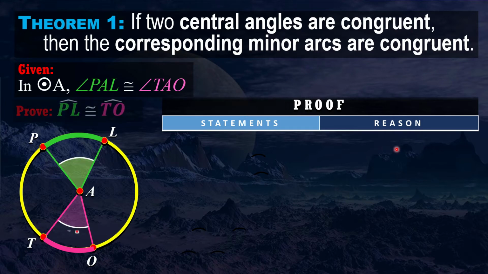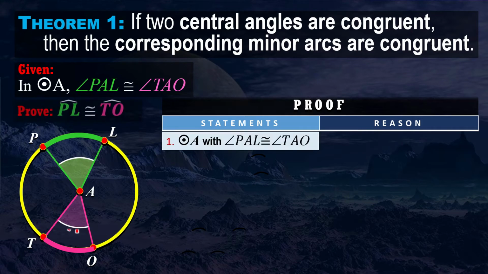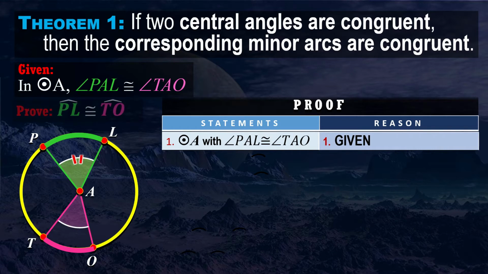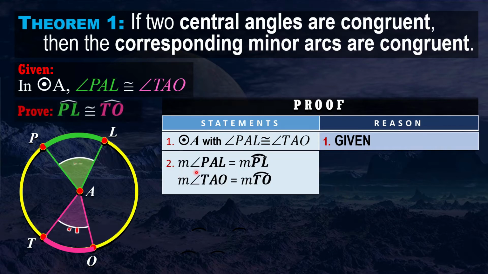The two-column proof, so we have the statements and the reason. Halimbawa, ang unang statement, in circle A, angle PAL is congruent to angle TAO, so the reason will be given. The measure of angle PAL is equal to the measure of arc PL. So, ito ang angle PAL ay equal sa arc PL.